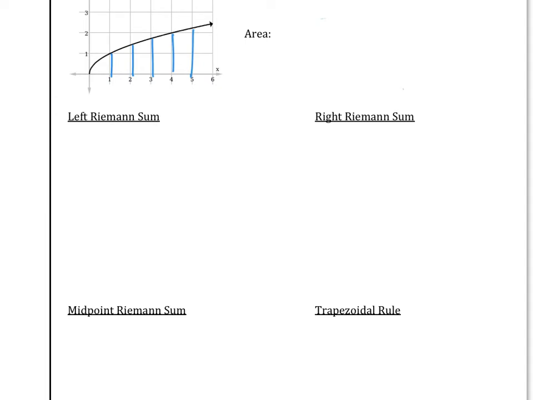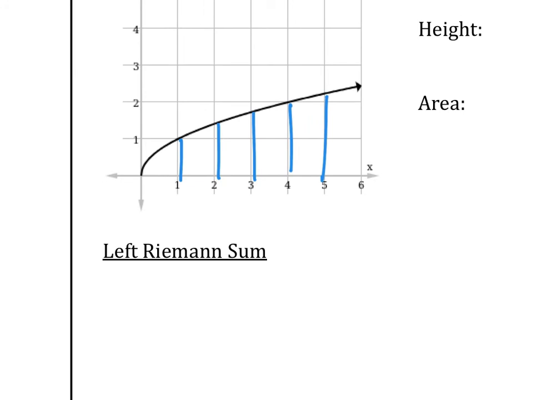So the left Riemann sum means we're going to use the left-hand side of the interval to create this rectangle. The left-hand side of the rectangle is this side. That hits the curve, and then we draw a straight line across. That's going to create our first rectangle.